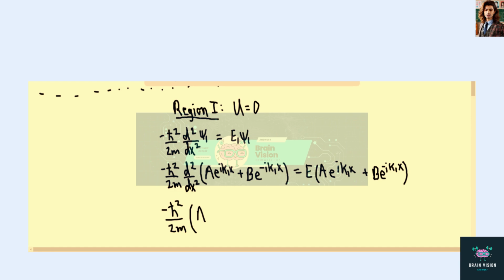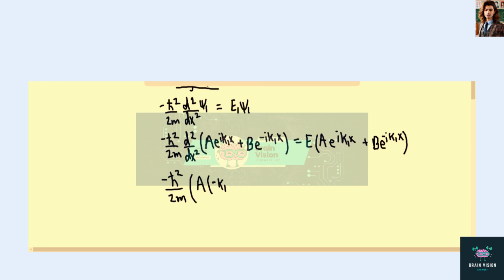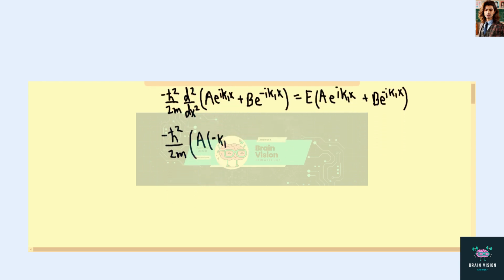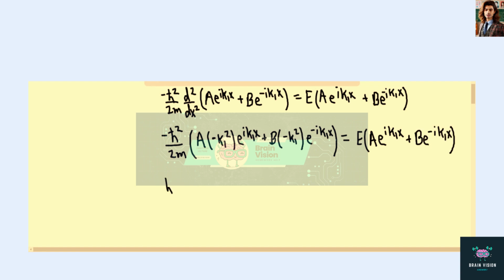We take the derivative twice, which is what the second derivative does, and we get a relation from this. So we get negative k1 squared times the wave function on the left-hand side of the equation. And now we factor k1 squared out.